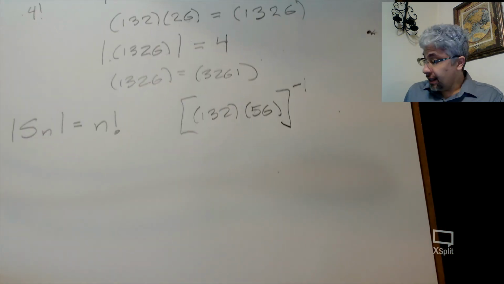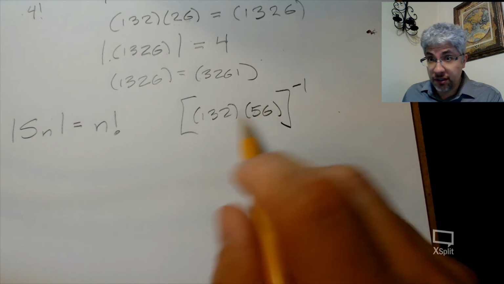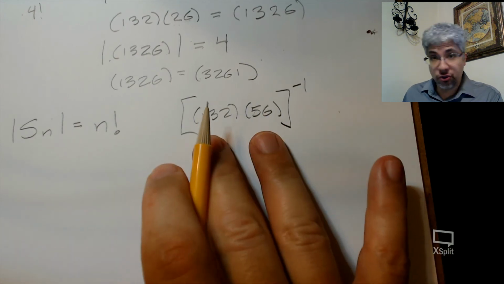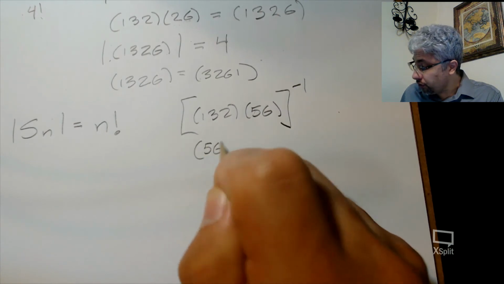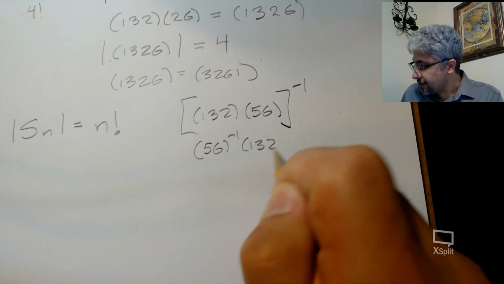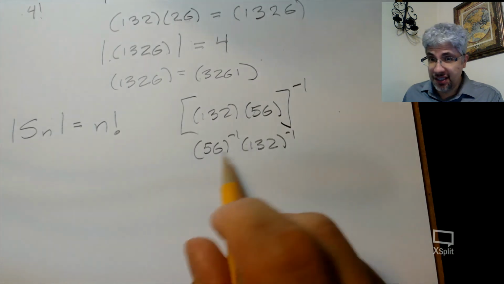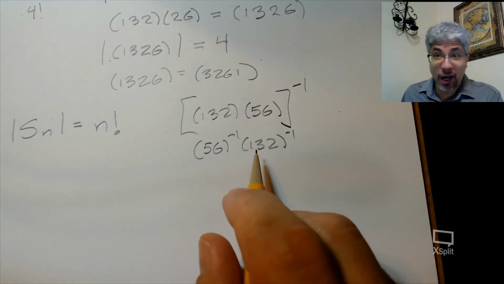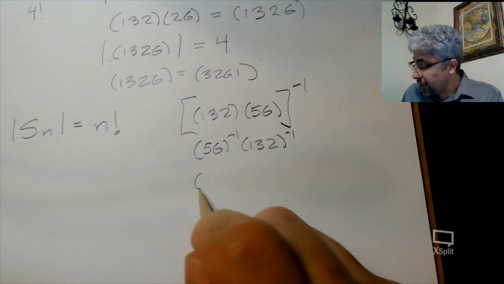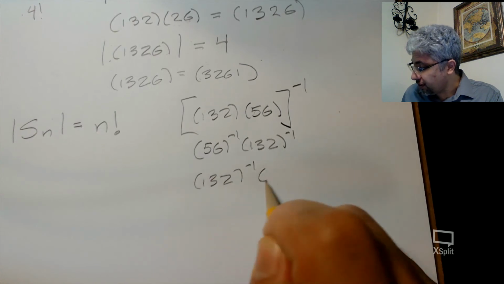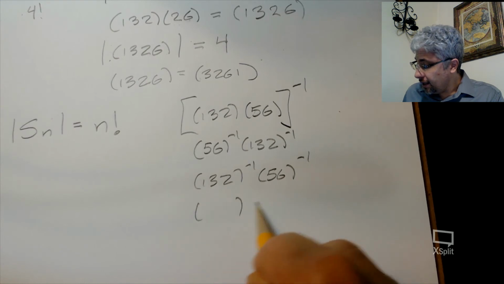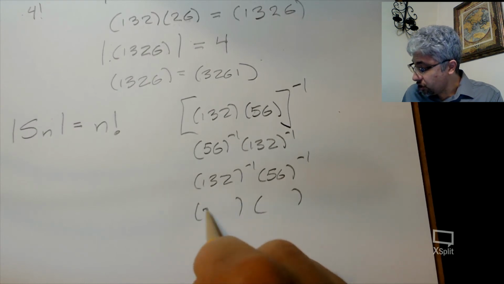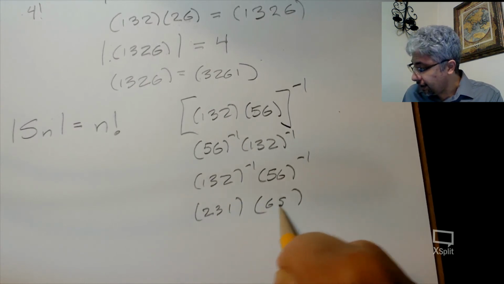Well, it's going to be the inverse of each of these individually, because disjoint cycles commute. So normally you'd reverse the order when you do this, but since these are disjoint, they commute. So I don't even have to reverse the order. I could just write (1 3 2) inverse, (5 6) inverse. And then the inverse of each of these is just the reverse, (2 3 1) and (6 5).